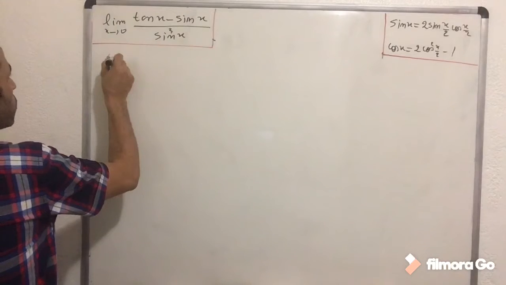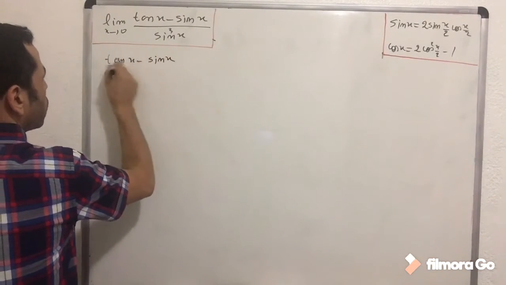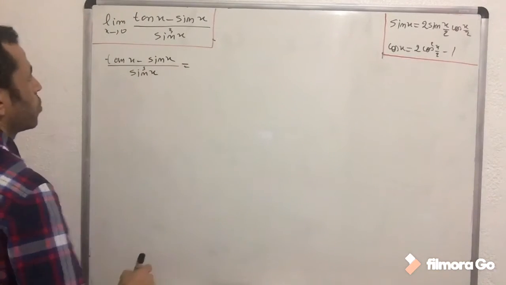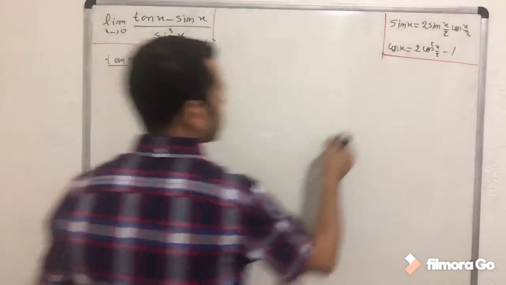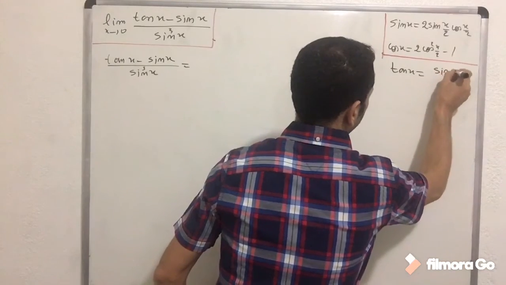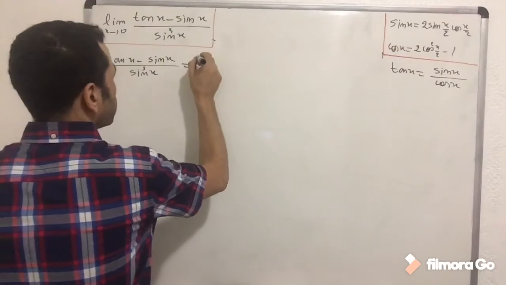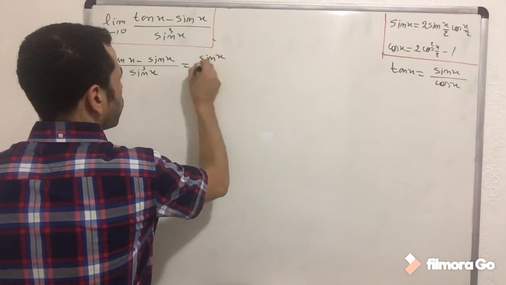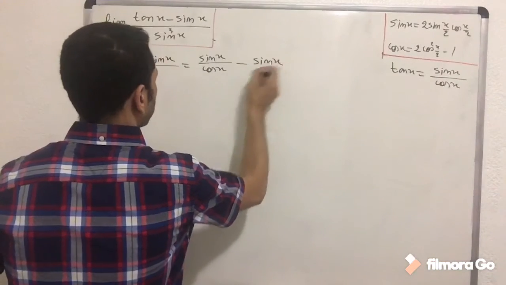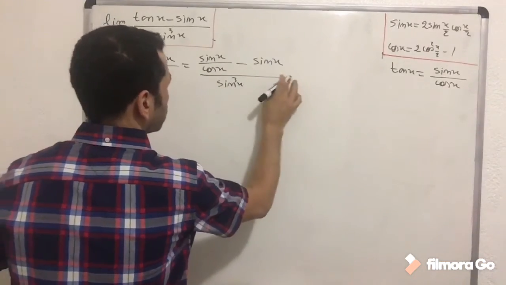So our fraction, tangent x minus sine x over sine cube of x. As you know, tangent x equals sine of x over cosine x, right? Let's put it here: sine of x over cosine x minus sine x, over sine cube of x.